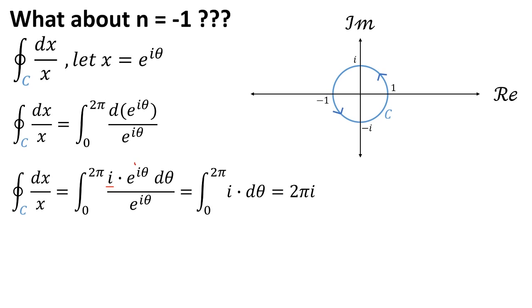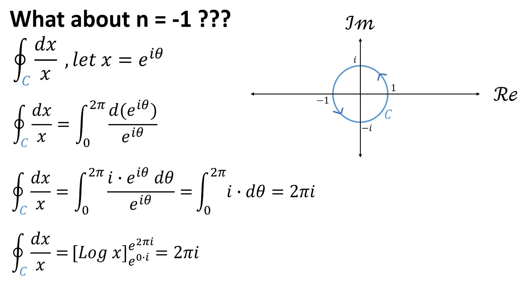We have an e to the i theta up top and an e to the i theta on the bottom, and they just cancel out and turn into 1. So we're just left with the integral of the imaginary constant i times d theta, and we still have the same interval of angles to go through from 0 to 2 pi, and so we're left with 2 pi i.